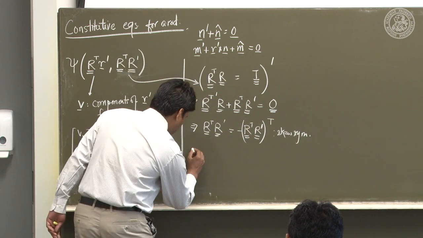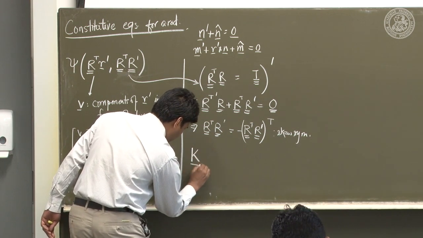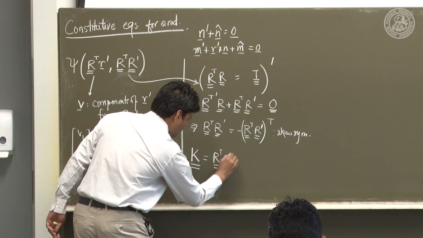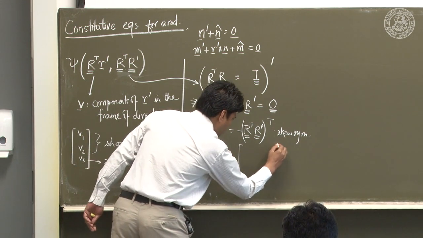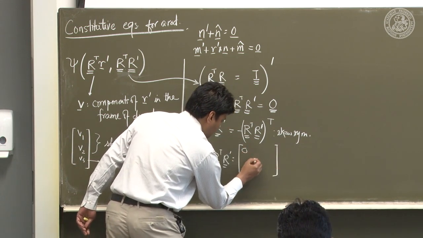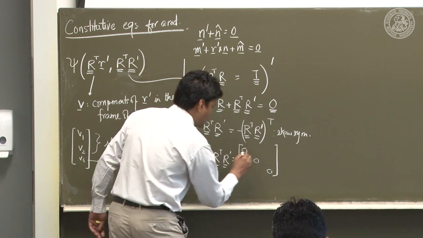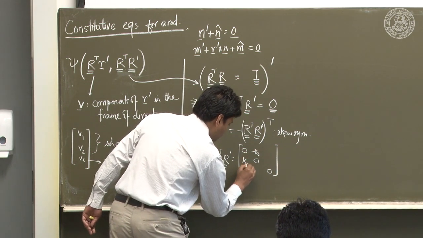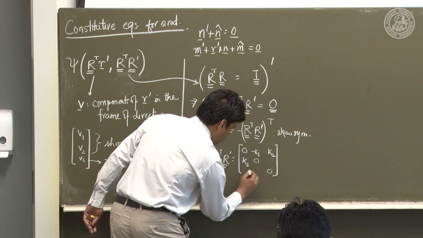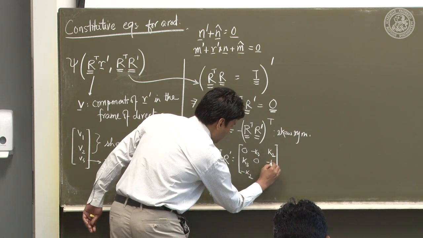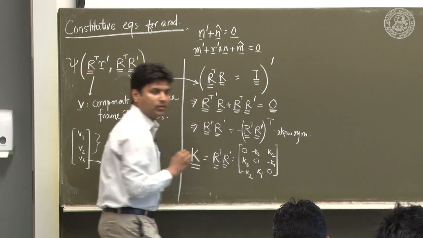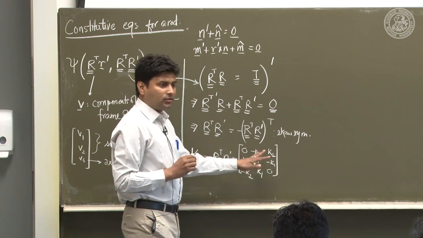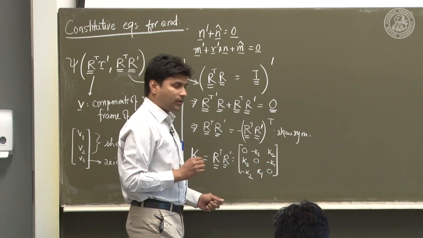So let's define it as big K, which is R transpose R prime. And we write it as the matrix with 0, minus K3, K2 in the first row, K3, 0, minus K1 in the second, and minus K2, K1, 0 in the third. The reason I define it like this is because of its axial vector.